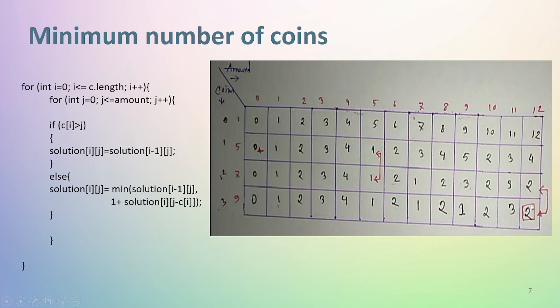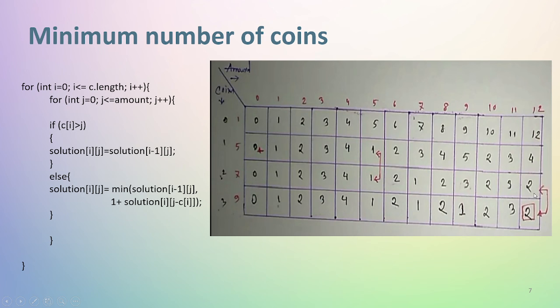Now we can see 2. These are the same, so we go above to 2. Here we cannot see the same value 2, so we take this 7 valued coin. This is selected, and now we check 7 subtract 5, that means 5.